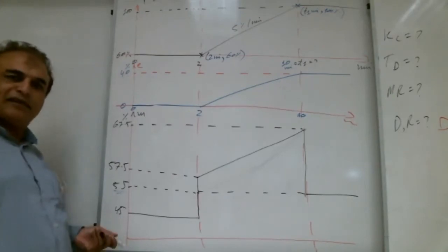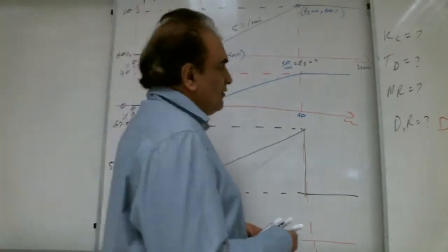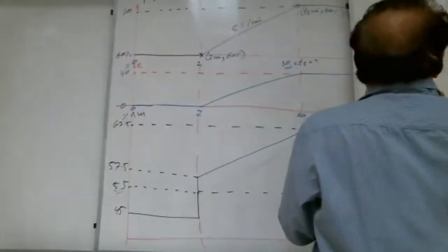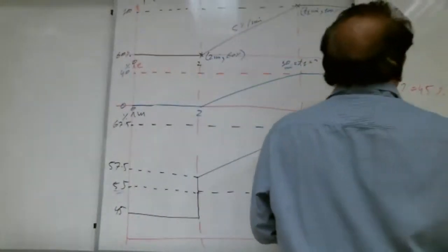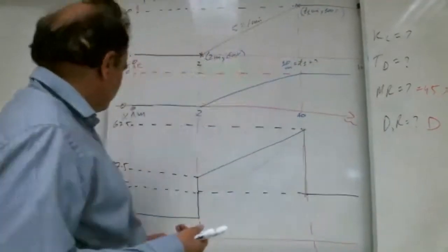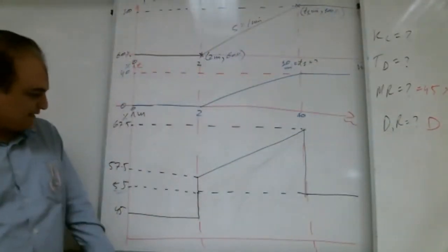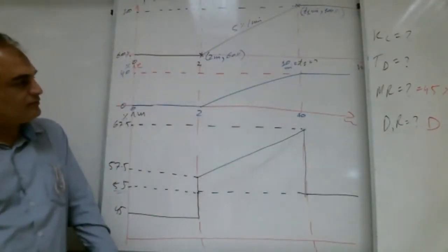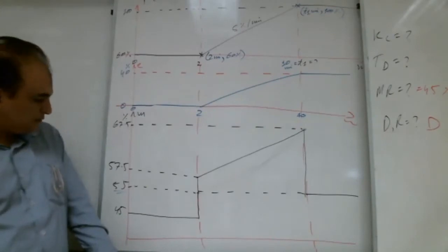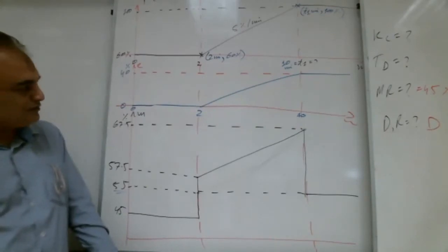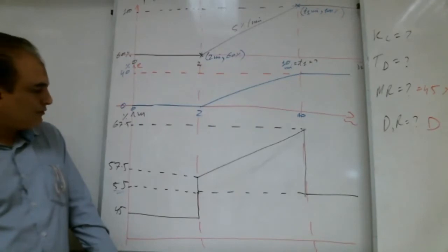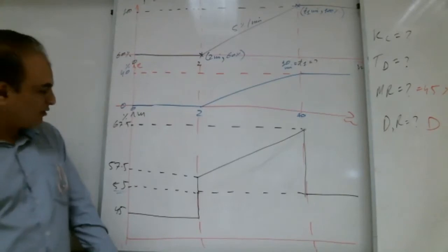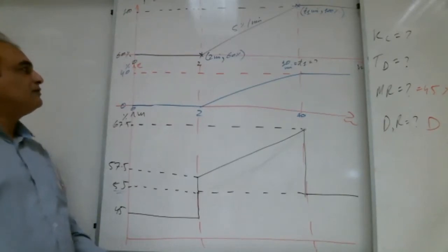Okay. So what is MR? 45. Very good. Okay, Shabab. How much KC? KC is how much? 10, I guess. Change of output, change in input. Okay. So how much?